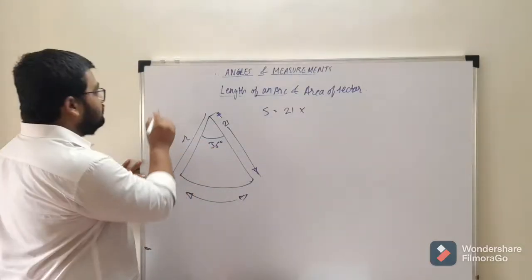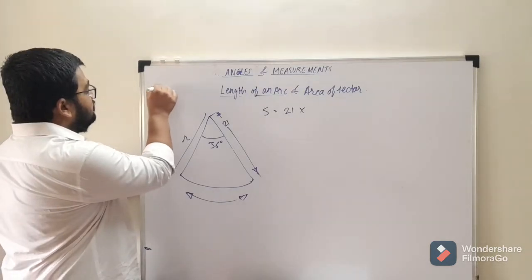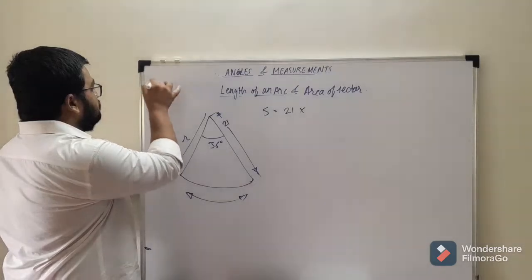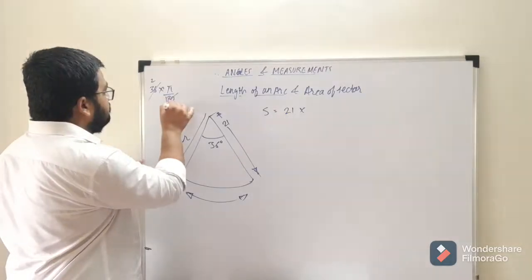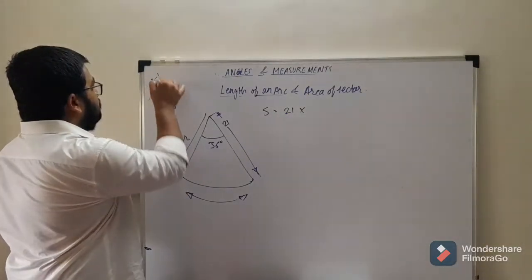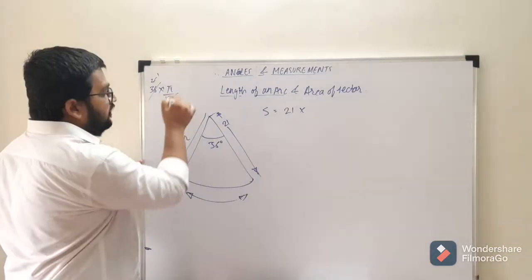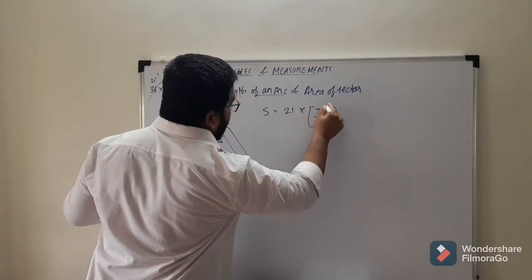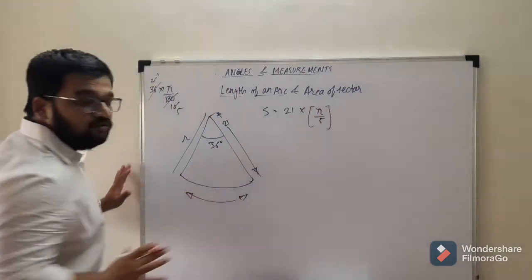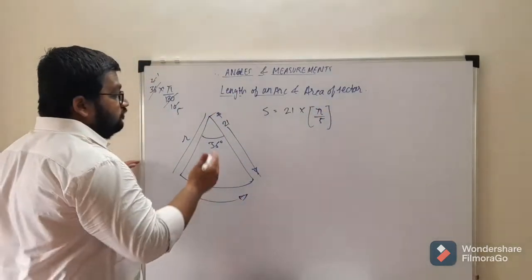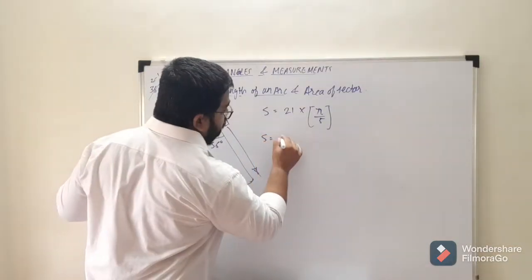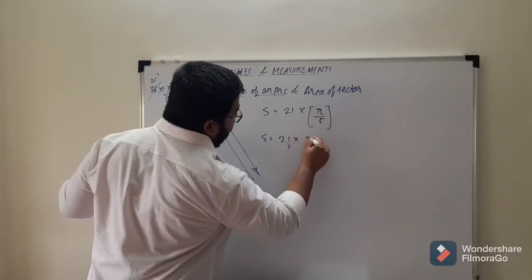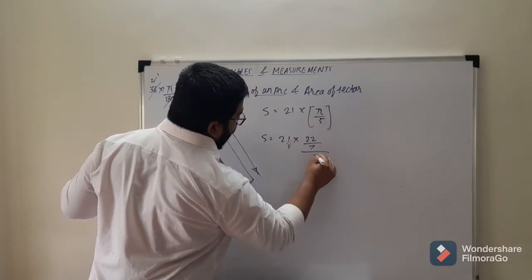Theta they have given as 36 degrees. So 36 into pi by 180. Again this will go as 2 over 10. 2 1s are 2, 2 5s are 10. Pi by 5 radians. So 21 into pi by 5. S is equal to R theta, this is the formula. Now we'll solve this. S is equal to 21 into pi, which is 22 upon 7, upon 5.